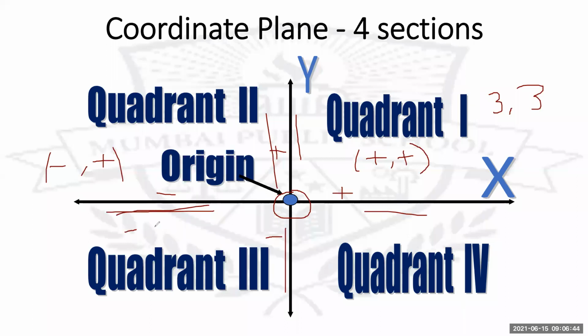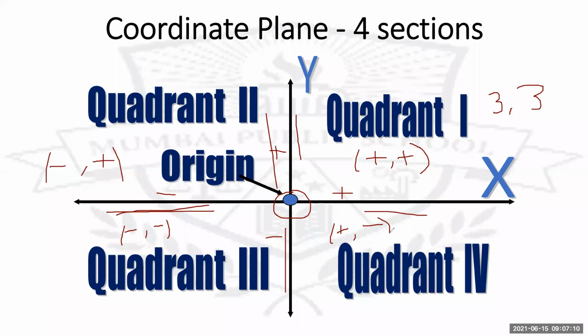So both the numbers would be negative in the third quadrant. As you move ahead to the fourth quadrant, x is positive and y is negative. So you'll get plus comma minus.